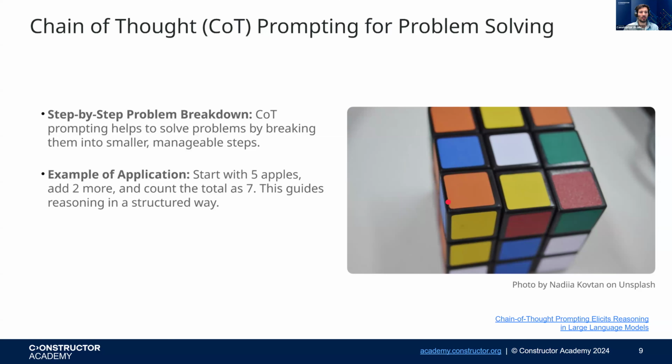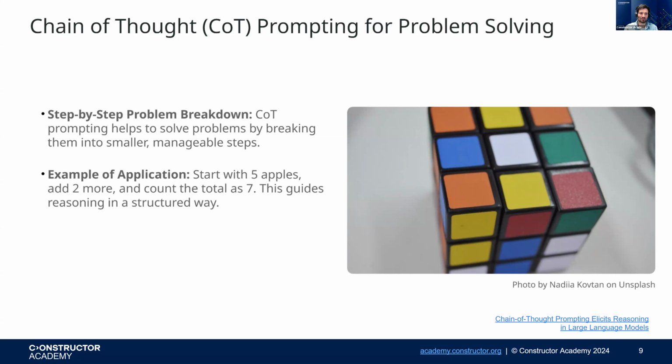So for an example, I want my model to do a sum. And the way I can teach my model to do the sum, I can give an example and tell it to go through some steps, so through some chain of thoughts. So I can say start with 5 apples, add 2 more, and count the total as 7.